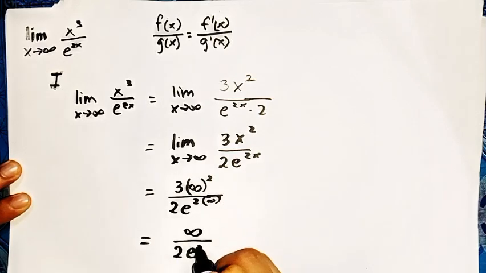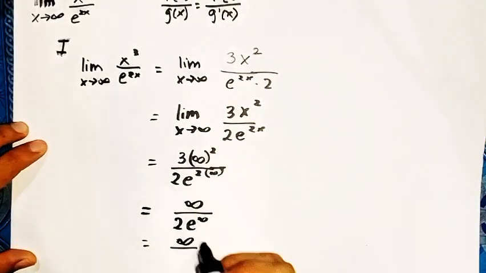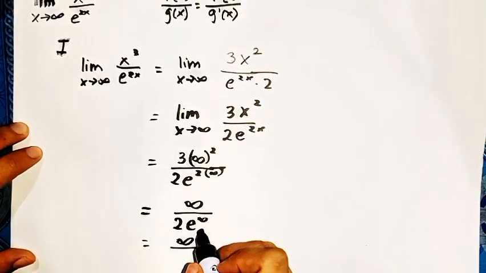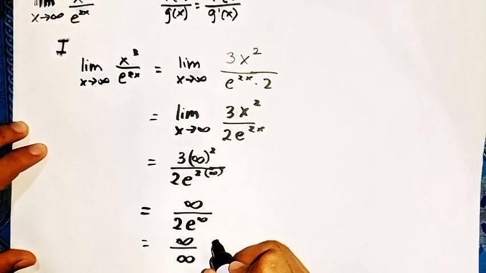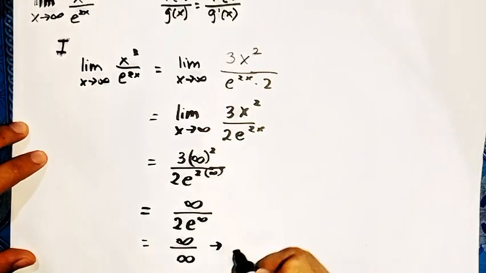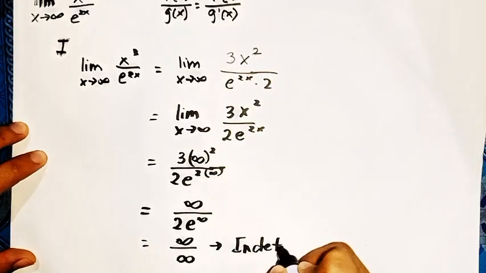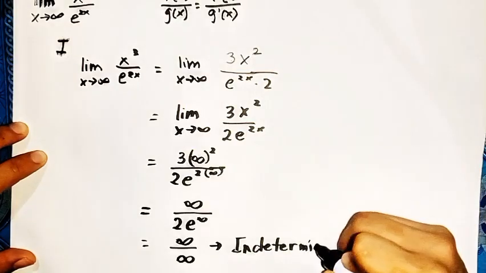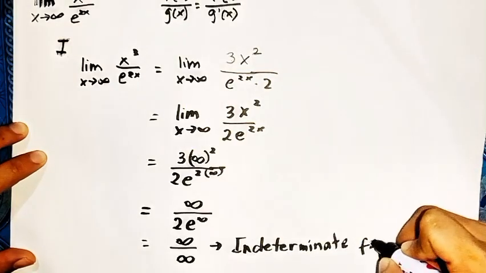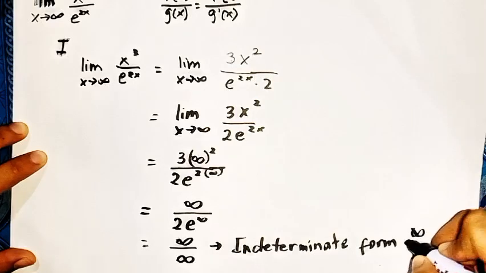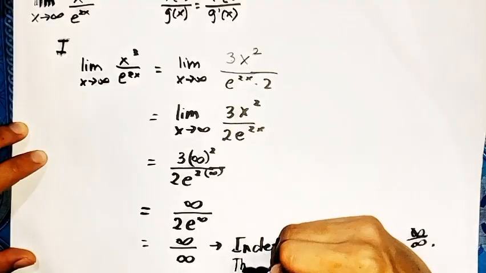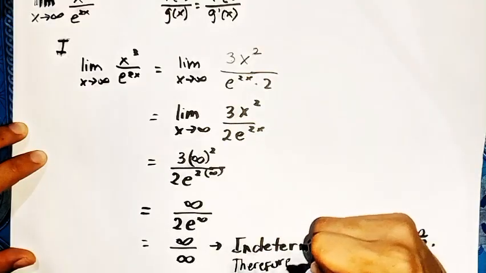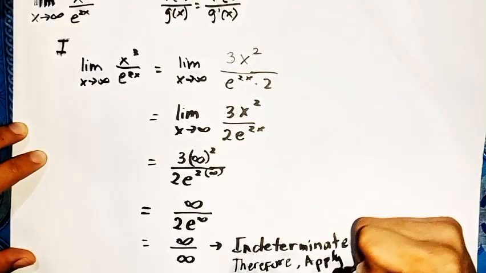So 2e to infinity is infinity times 2, which is also infinity. So again it is an indeterminate form, infinity over infinity. Therefore, apply again the L'Hopital's rule.